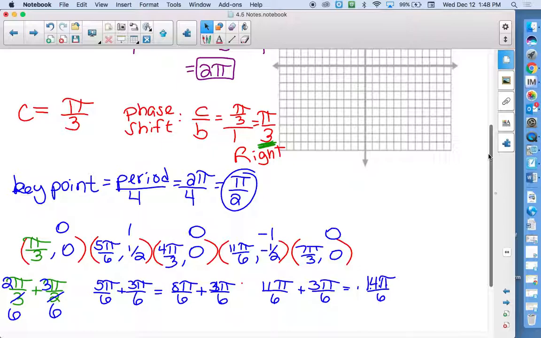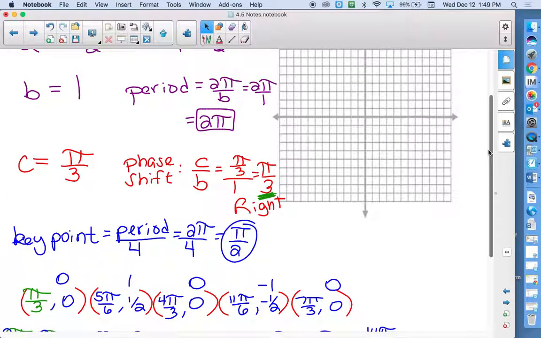So what would the least common denominator be of your ordered pairs? Virginia? Pi over 6. So each unit on this graph, each one of the little boxes, is going to be pi over 6. So we're going to count by pi over 6 because that's the least common denominator, so that includes both the angles up here.